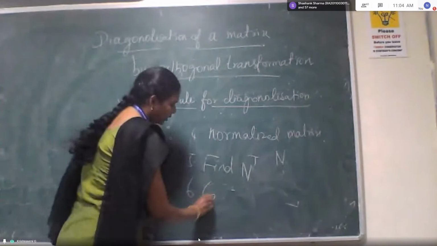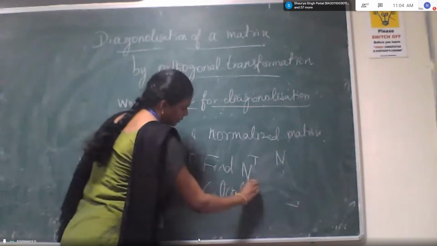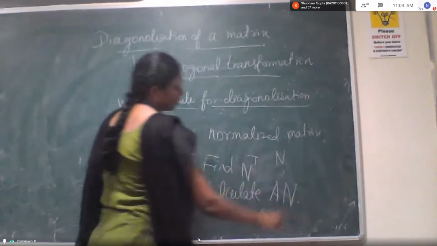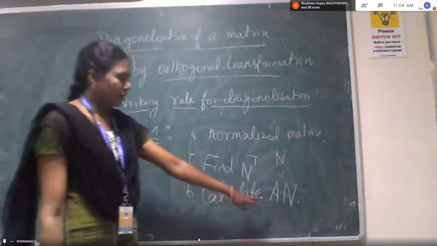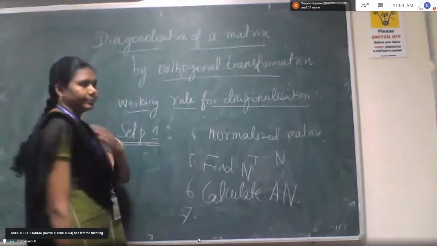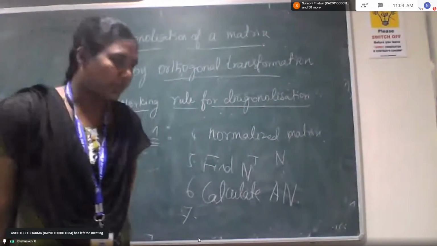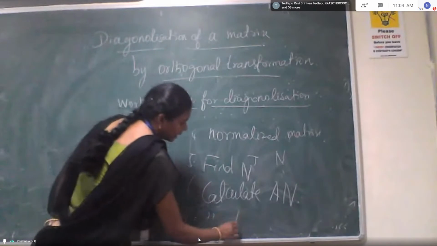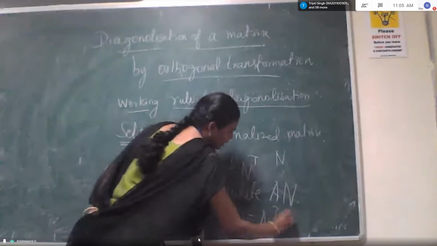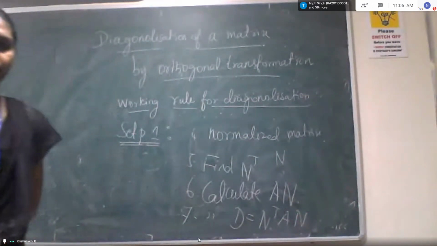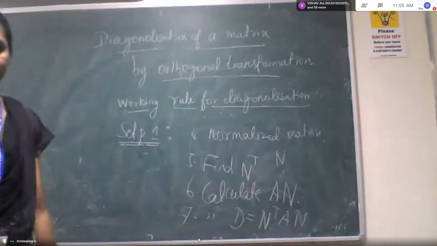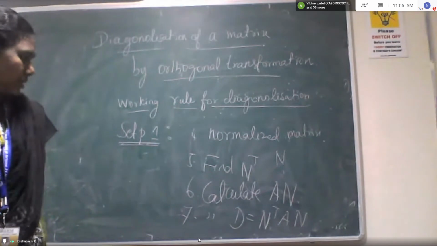Sixth one, calculate AN. A is the given matrix, N is the normalized matrix. Seventh one, calculate D equal to N transpose into AN. That is D.